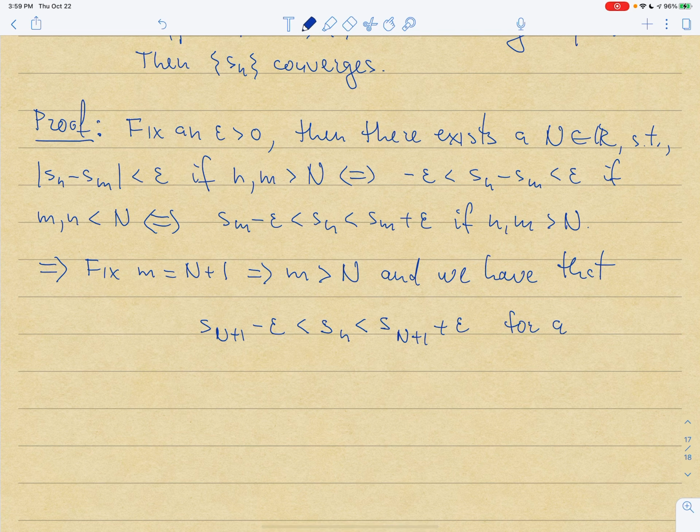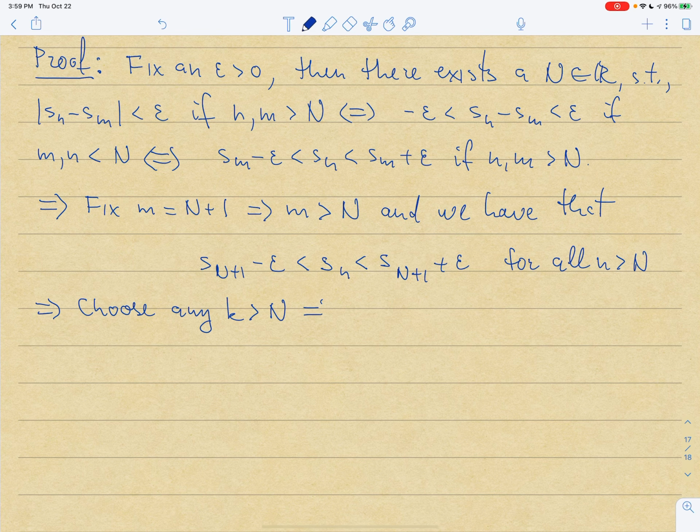Okay, so if this is so, then I can conclude next the following thing. I'm going to choose any k that is bigger than capital N. If I take any k bigger than capital N, what I will have is that S_{N+1} minus epsilon less than Sn less than S_{N+1} plus epsilon.